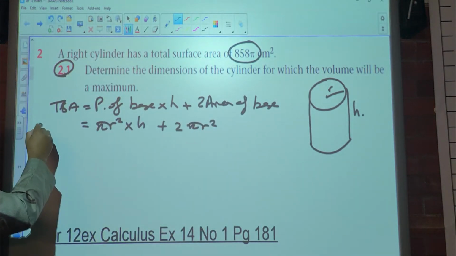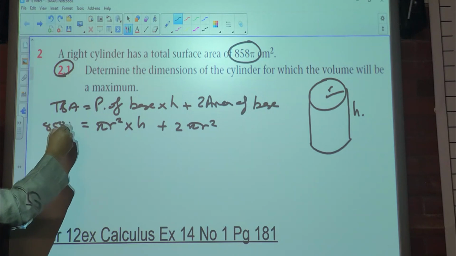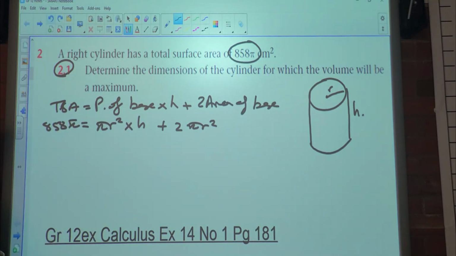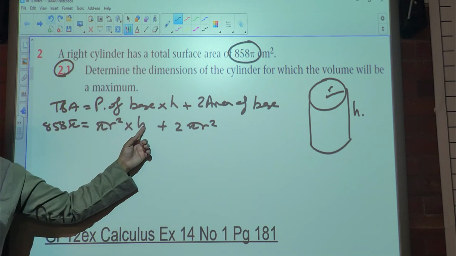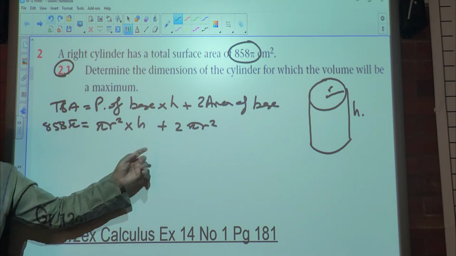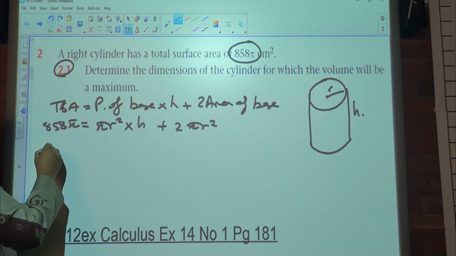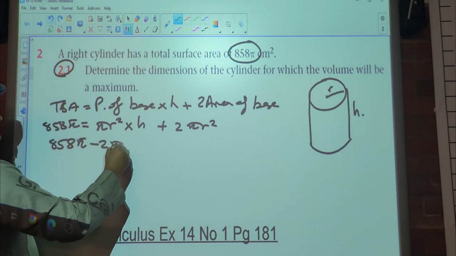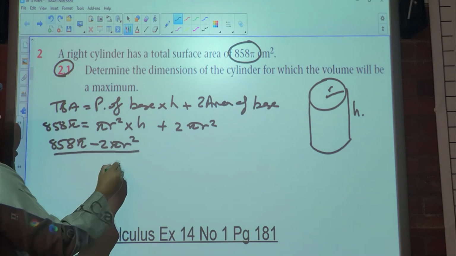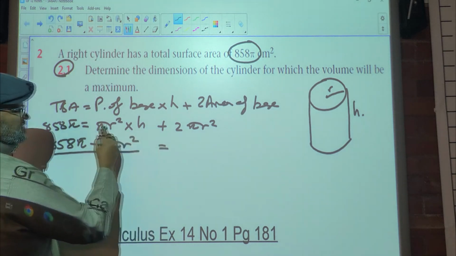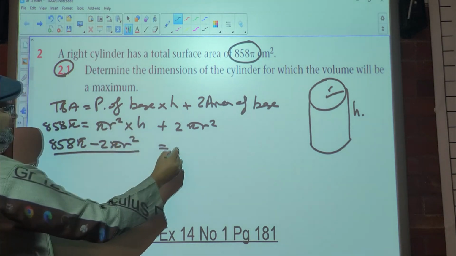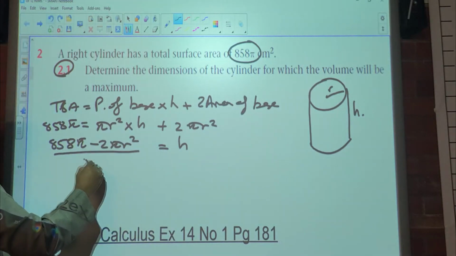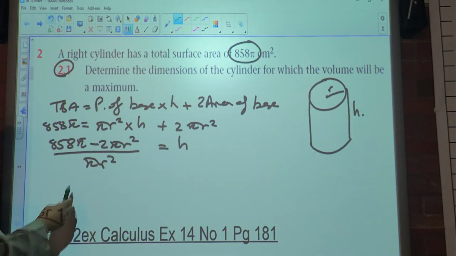And this is equal to 858 pi. So what I'm going to do is make h the subject of the formula. Can you see that? I take 2 pi r squared over, so it's 858 pi minus 2 pi r squared, all over, it's first equal to 2 pi r h. Now I divide by 2 pi r on both sides. And then that's what h is equal to.